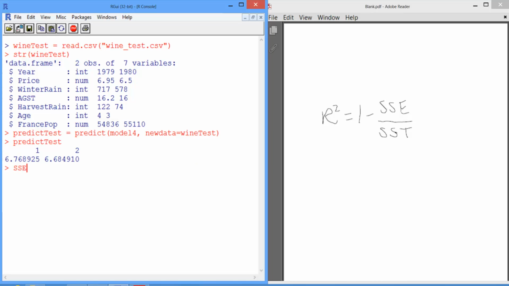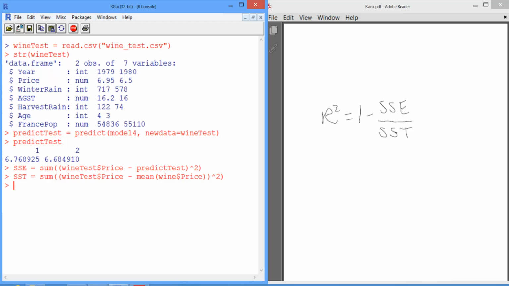The sum of squared errors equals the sum of the actual values, wine_test$price, minus our predictions, predict_test, squared, and then summed. The total sum of squares equals the sum, again, of the actual values, wine_test$price, minus the mean of the prices on the training set, which is our baseline model. We square these differences and add them up.